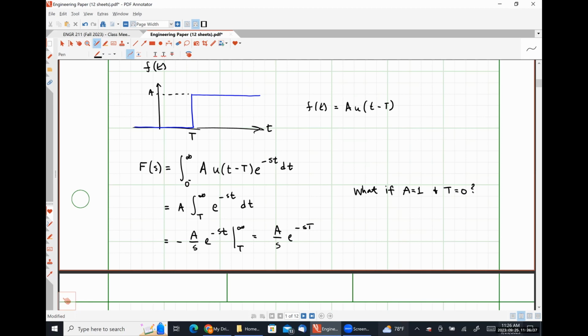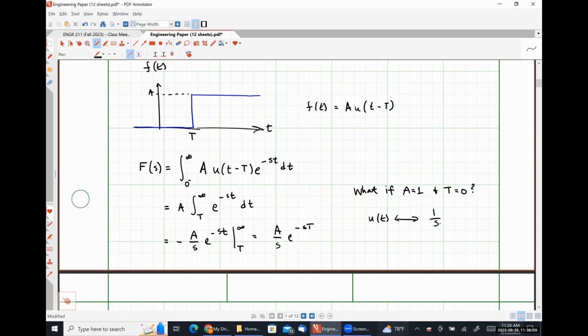I get what? 1 over s. So if we have just u of t, this transforms into simply 1 over s.